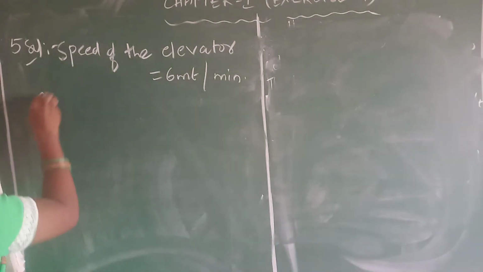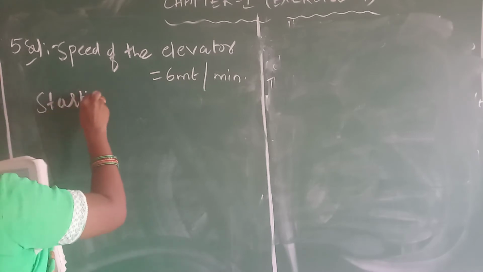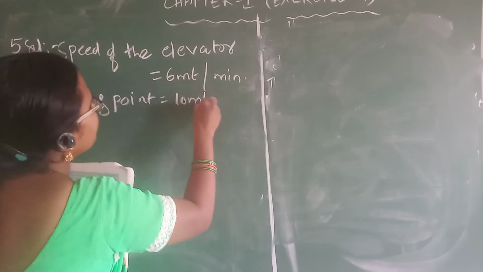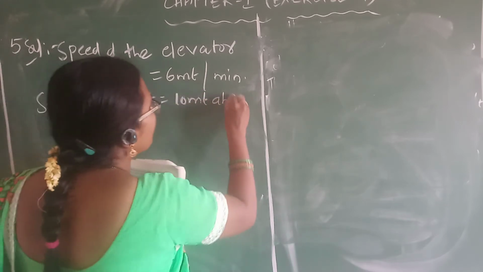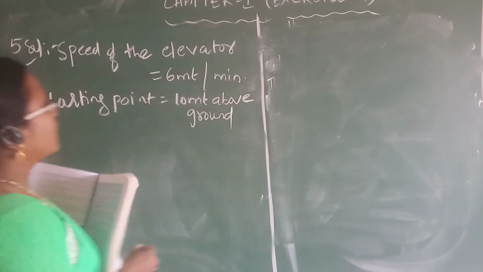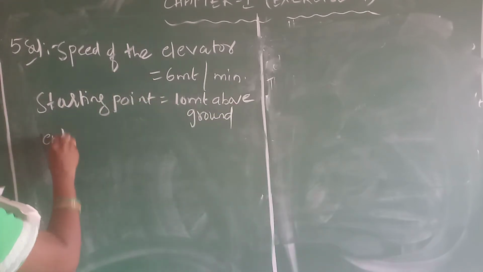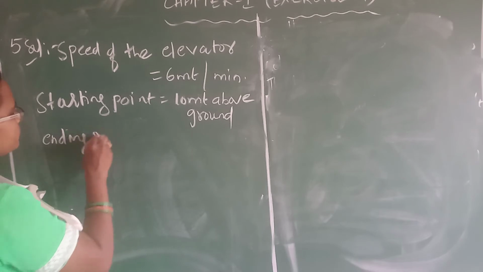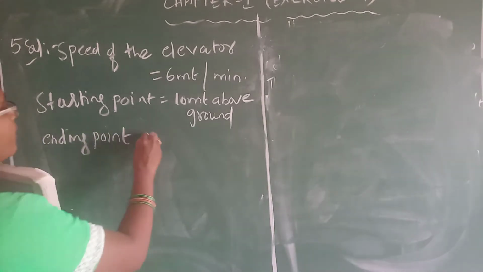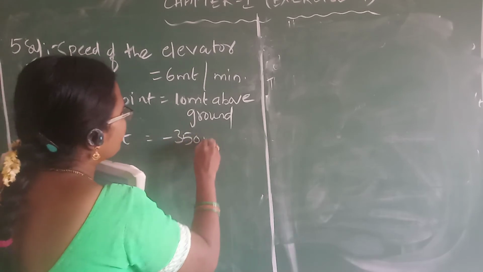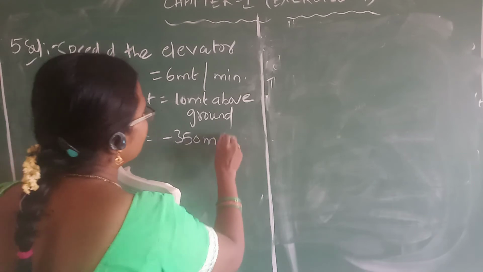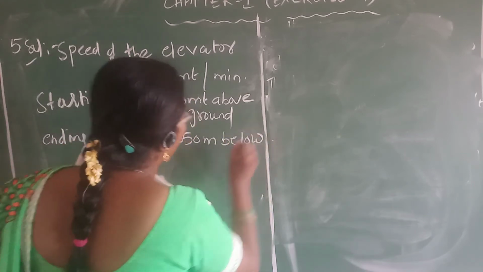The starting point is equal to 10 meters above ground. Ending point, minus 350 meters below ground. Minus 350 meters is nothing but below ground.